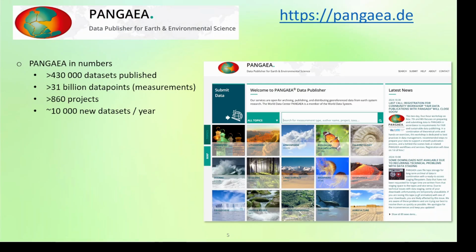More than 860 projects are represented in our data, although not all data sets are really assigned to a specific project. And almost 10,000 new data sets per year we are able to process and to publish.